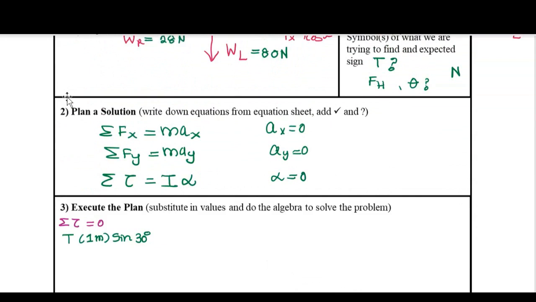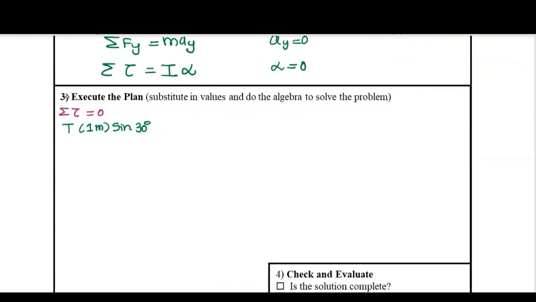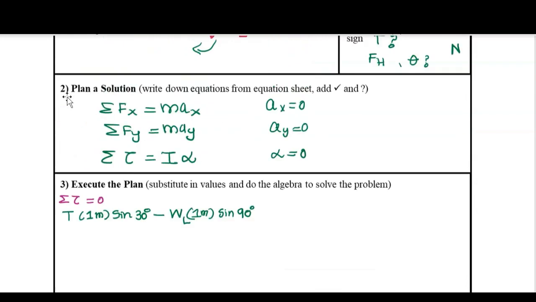1 meter is the distance, times sine 30, and then the next force that is producing a torque about the axis of rotation is the load. It's going to create a clockwise rotation. From our sign convention, we know that the clockwise torque is negative. So weight of the load times 1 meter is the distance, sine 90 degrees.